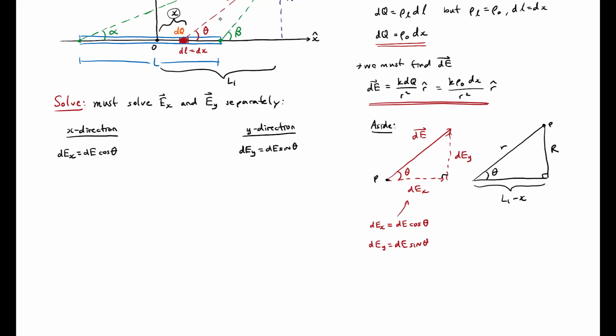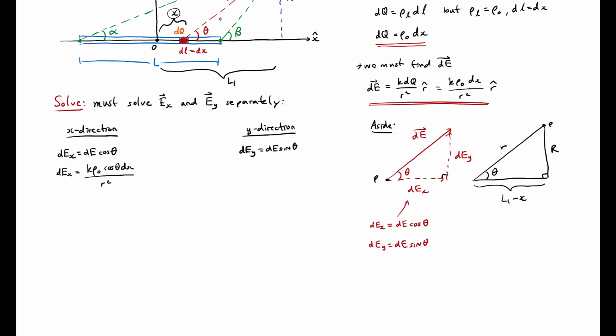And we already know what dE is, so we can say dEx is equal to k dq over r squared, or essentially k rho naught cos theta dx over r squared, in not the r direction, but the x direction.